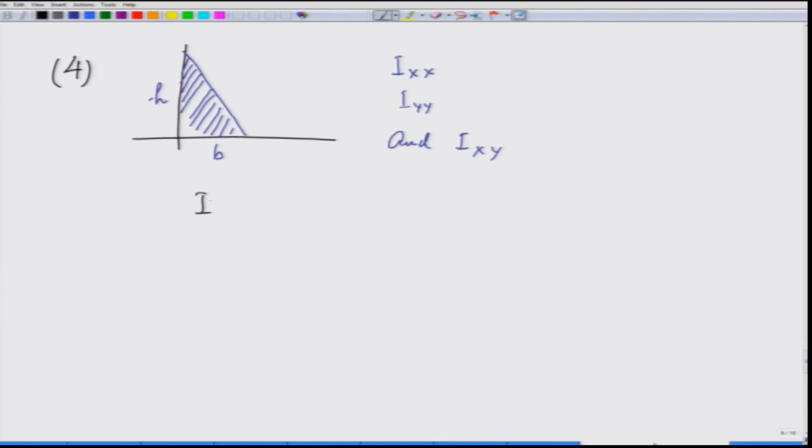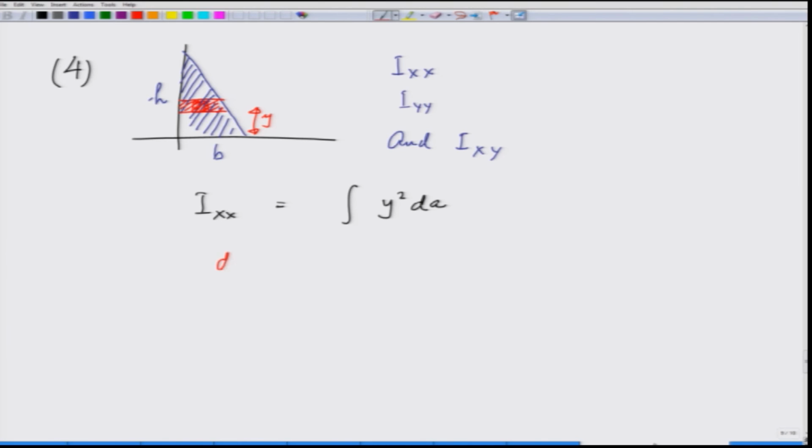To calculate I_xx, I again do the integral of y squared dA, and this small area out here is this orange area. I can make things simpler by taking, rather than this area, the entire strip out here, because y is the same for this entire strip.